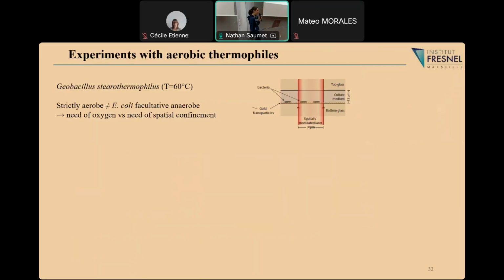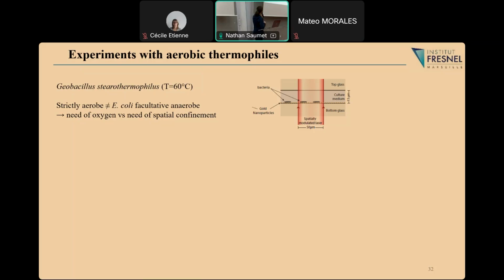When I tried to do the first experiments with thermophiles, it was, let's say, really hard. Sometimes in research, even if you validate the technique, it doesn't work. And in biology, it can come from lots of parameters. Here, it was due to the fact that I was trying to observe the growth of Geobacillus stearothermophilus, which is a thermophilic bacteria that is strictly aerobic, so it needs oxygen to survive.